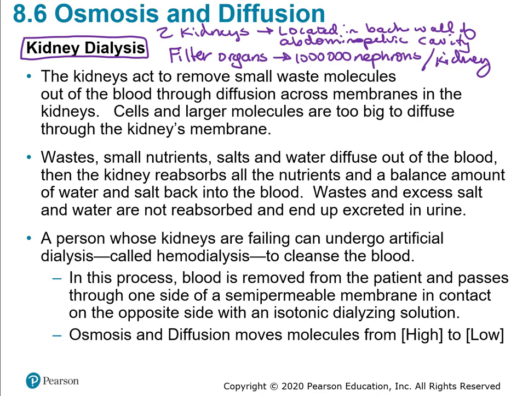But what it keeps does not retain wastes. It does not retain excess salt. It does not retain excess water. As this filtered fluid moves through, what you need gets pulled back into the blood. What you don't need stays in these nephrons and eventually collects and becomes urine.